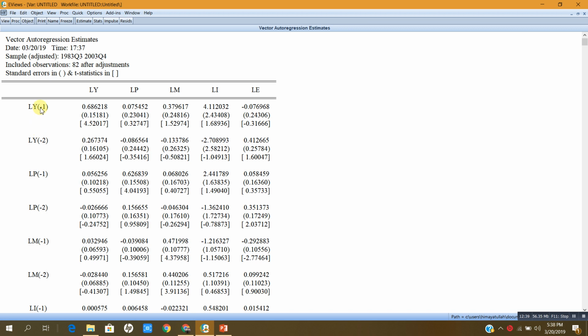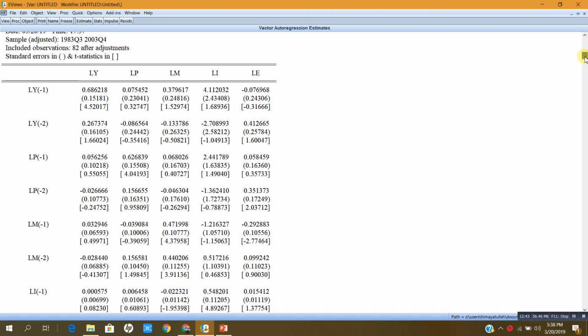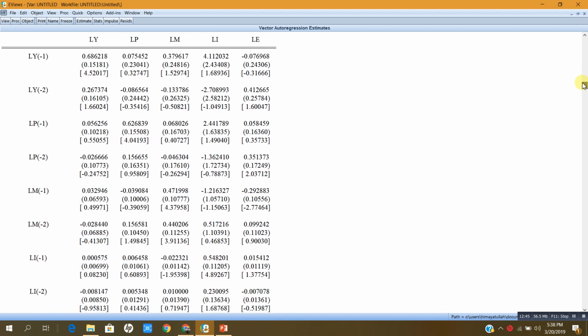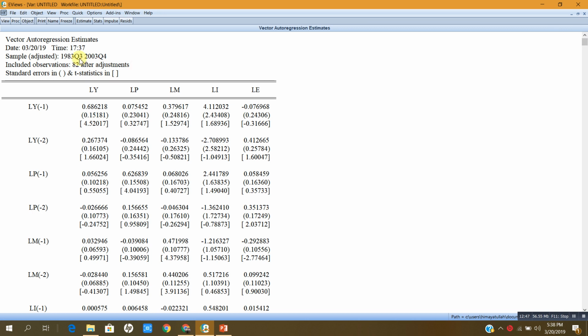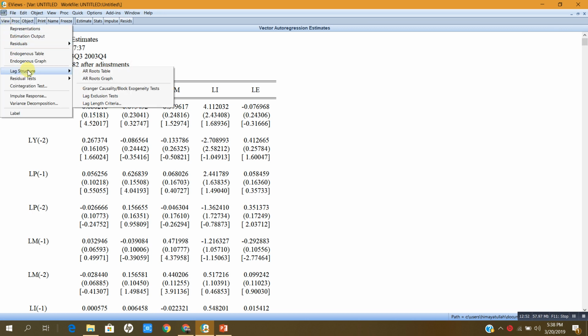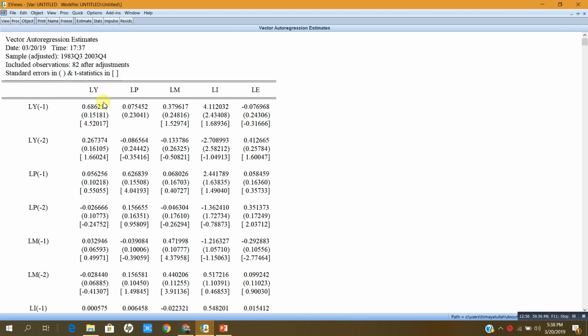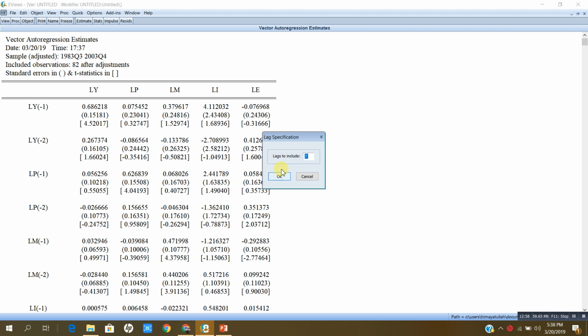So lag 1 and lag 2, all of these variables. So now I will go and check the lag length. So this is lag structure, and go to lag length criteria. So let me write, although this is quarterly data, so I can either take 4 lags or 8. Let me write 8 and press OK.